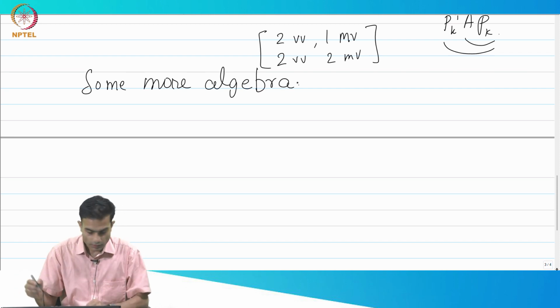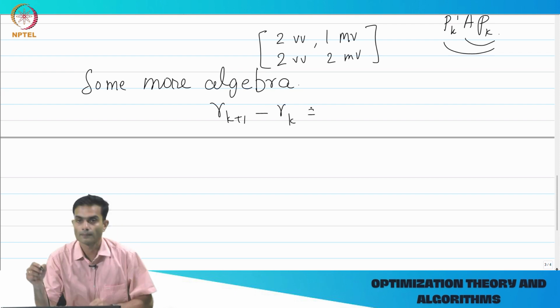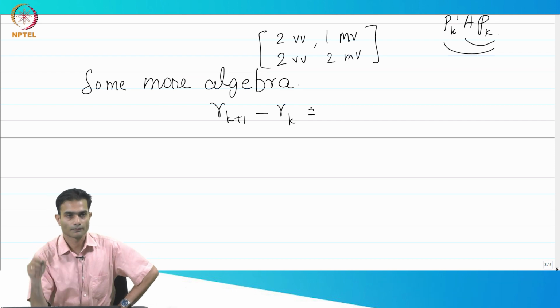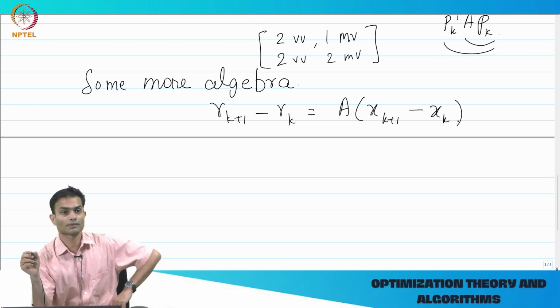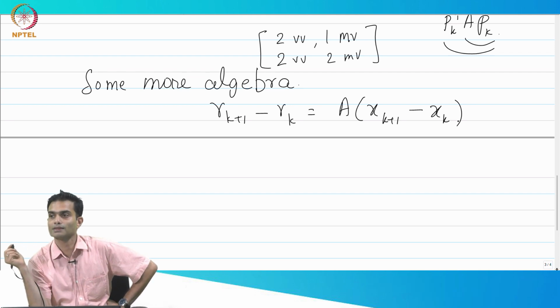So rk plus 1 minus rk, what is the definition of r? It is Ax minus b, right? So this becomes A times xk plus 1 minus xk, right? The b's will cancel off. Is xk plus 1 minus xk anything nice?